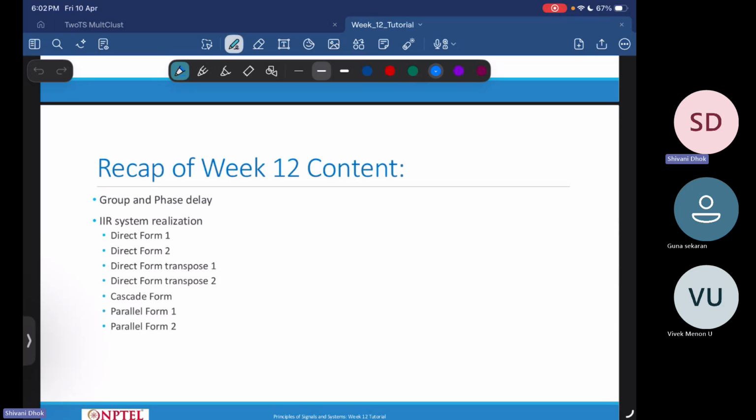The first one was the group and phase delay of a system, and after that we looked at how to realize the IIR system, or for that matter FIR system as well. So let us first look at what is this group and phase delay.